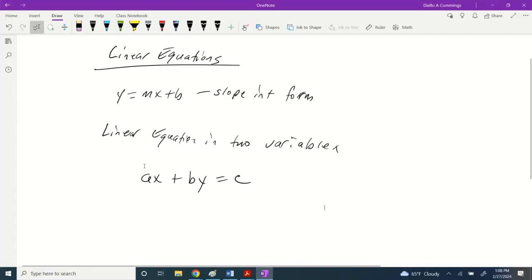So like in the quadratic section where we see x squared and that sort of thing, those are not linear equations because the exponents are greater than 1. First off, we have two variables, and both of those variables are raised to the first power.